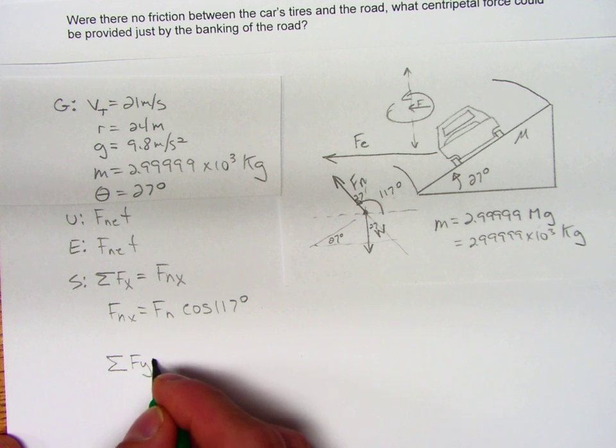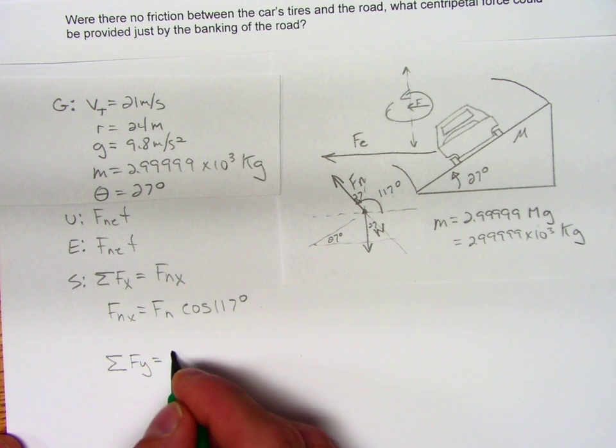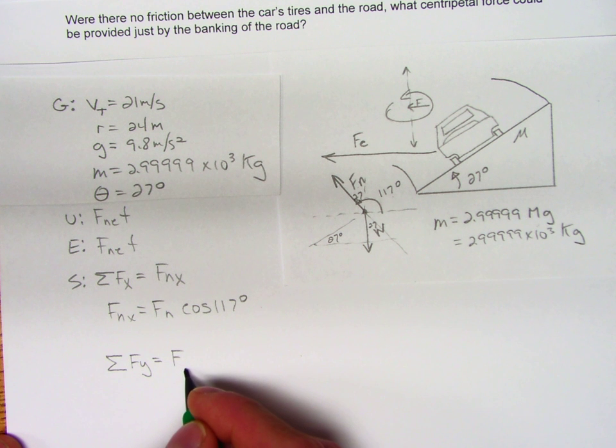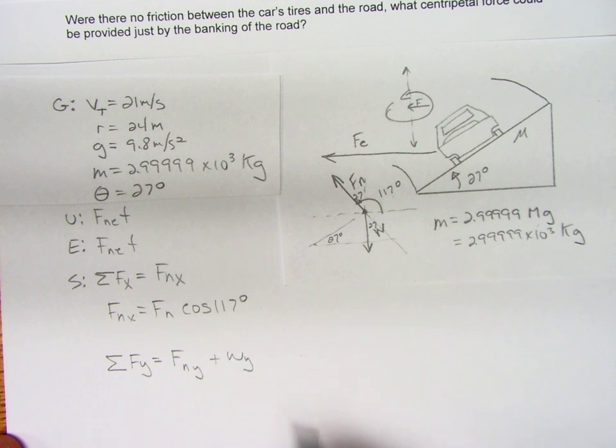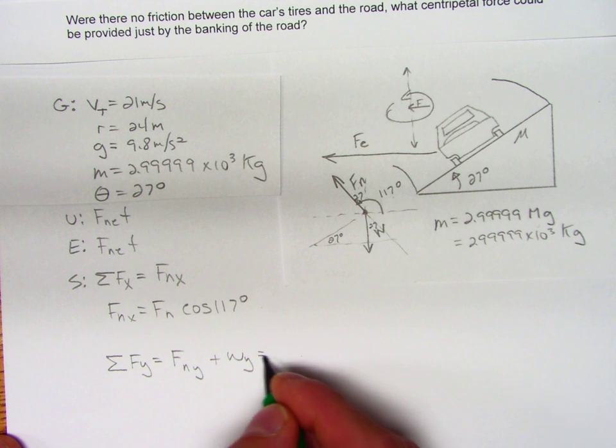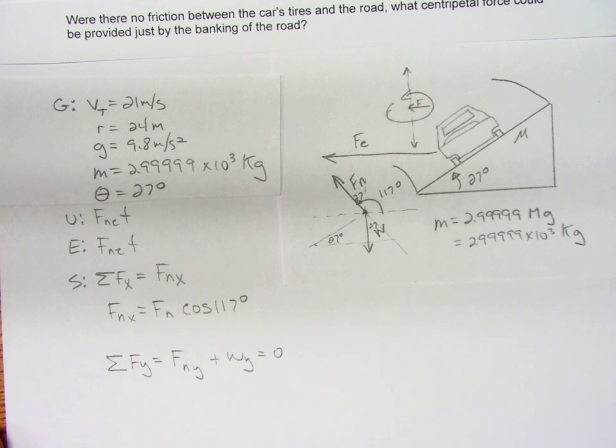And so in the y direction, we have the normal force in the y direction plus the weight in the y direction, and those have to add up to 0. Those are balanced. And so we can then define these in terms of their angles.